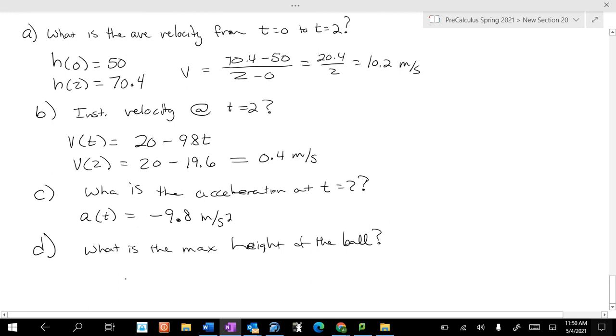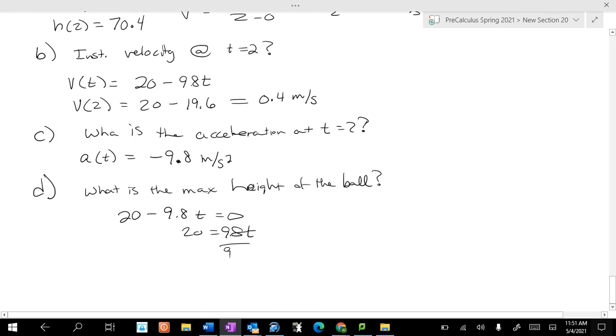So, 20 minus 9.8t equals 0. So 20 equals 9.8t. Divide by 9.8, and I bet it's something like 2.1. 2.04 seconds.